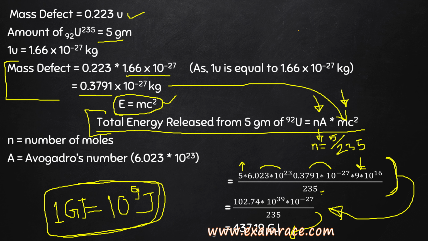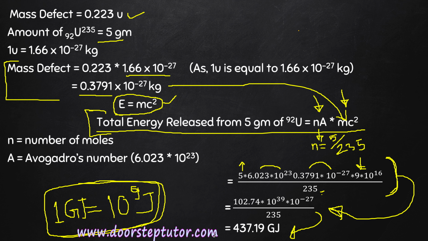By solving it, we'll get 37.19, and 1 gigajoule is equal to 10 to the power 9 joules.